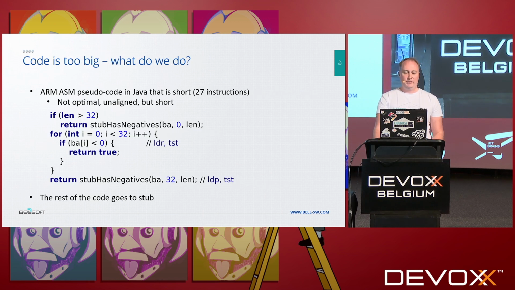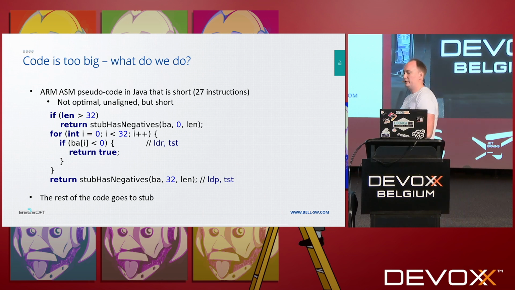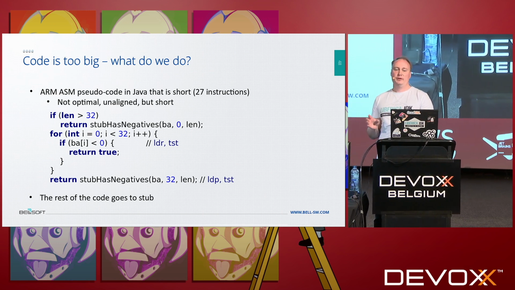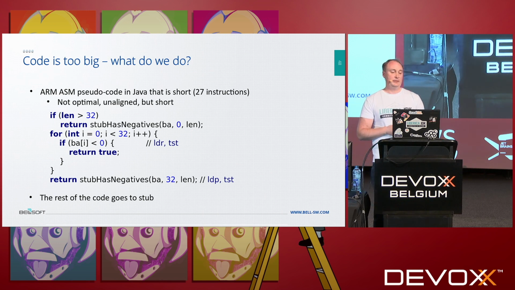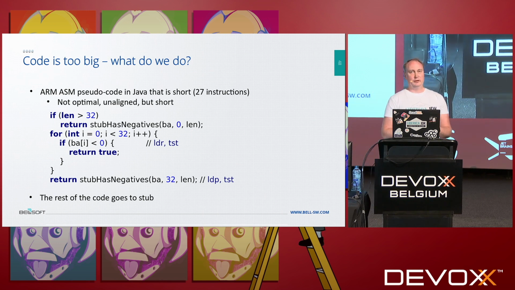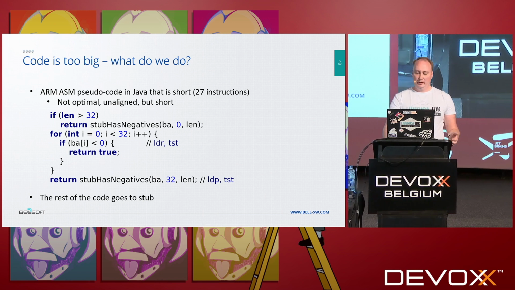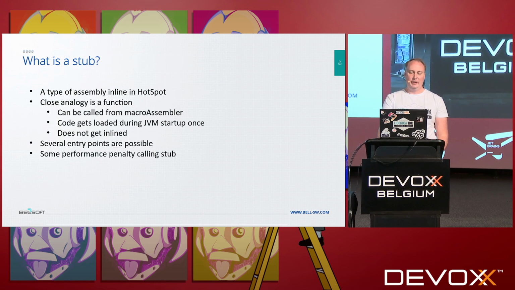So for those cases, we know 32 is a magic number. We can run a simple loop, which takes just a few instructions, and it has the same performance for that length of string. And for larger data, we can make a call. And this is a kind of special call. It's a jump into a thing called a stub.